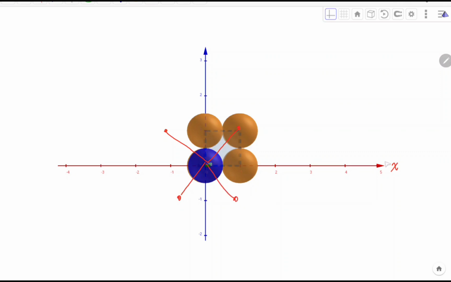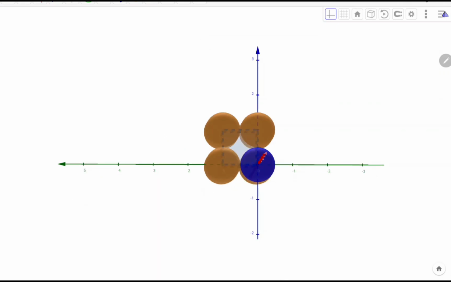So in this xy plane, we have 4 second nearest neighbors. Now when we rotate this one here, in the zy plane, this is z and this is y right here. Now the second nearest neighbors are this one here, another one here, another one here, another one here.